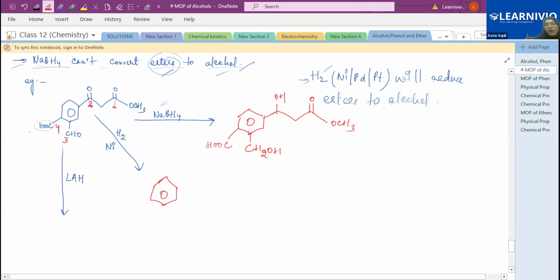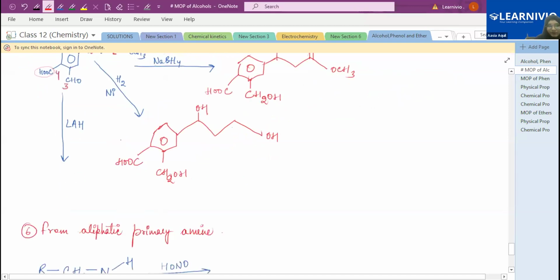It will not reduce the carboxylic acid. So COOCH3 will be reduced to the corresponding alcohol, and this will give you CH2OH, and this group stays as it is. It will not be able to reduce this carboxylic acid.